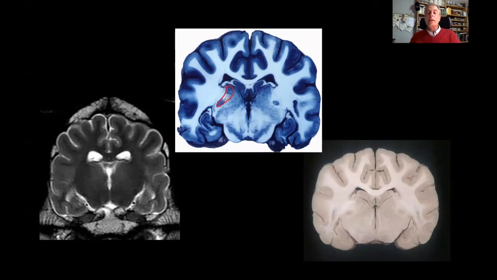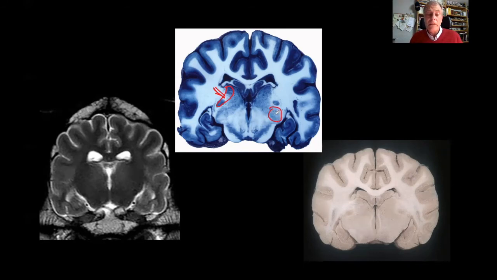It seems to be divided in two, because there are white fibers here that exit the lateral geniculate body to form the fibers that reach the occipital cortex. This is the visual radiation. And here we have the medial geniculate body.